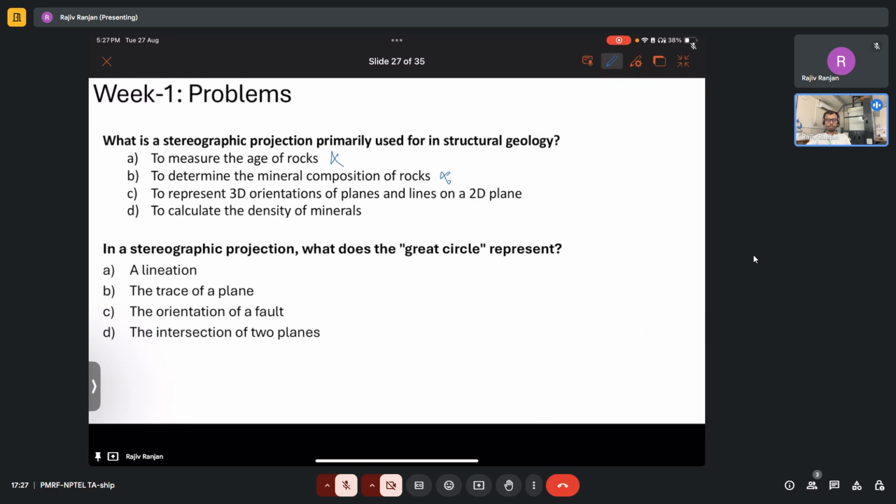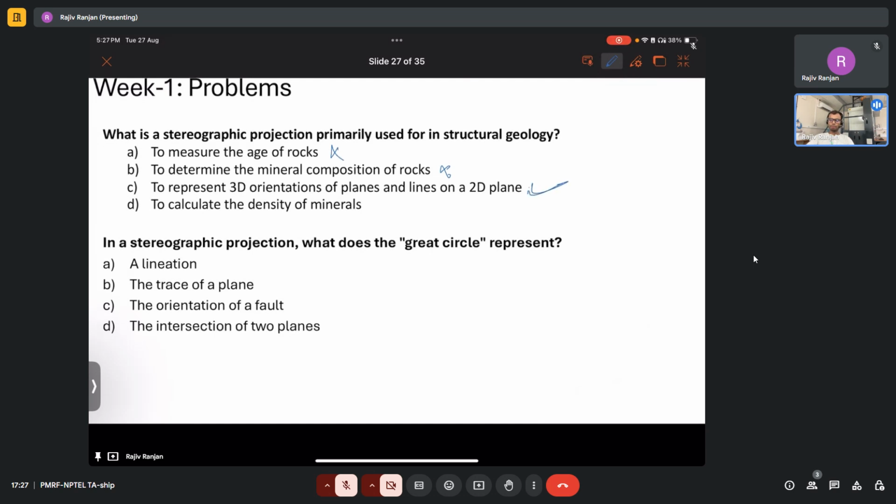It's nothing related to mineral composition. To represent the 3D orientation of planes and lines on a 2D plane, right? The stereographic projection is used to represent 3D orientation data in a 2D plane. To calculate the density of minerals? No. So option C is correct.